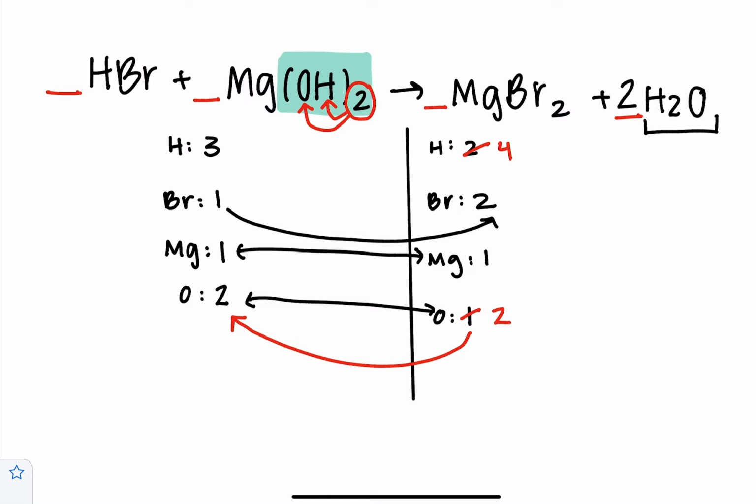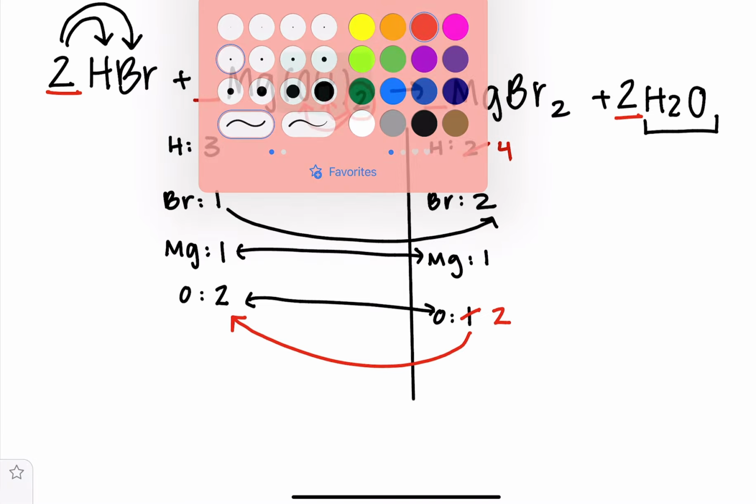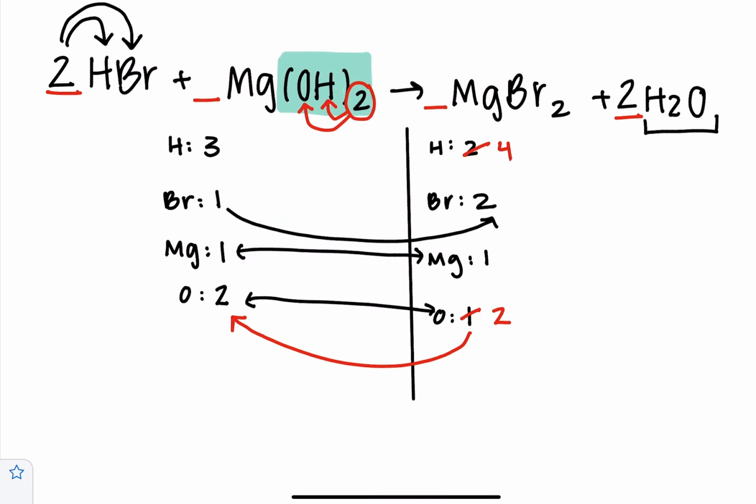So what can we do to get that 1 to be a 2? We simply put a coefficient in front of our HBr so that it can multiply out to the H and the Br to give us 2 Brs, because remember, the 2 is multiplied by the Br that has no subscript, so it's just 1 times 2, which is 2. Our Brs are now balanced, and our H business is going to be a little different.